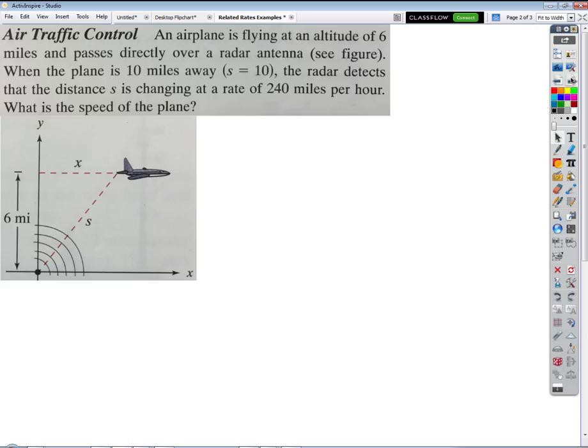Okay, they drew us a picture, but let's talk for a second about why this is the right picture. An airplane is flying at an altitude of 6 miles, so that means the height is constant. So it's flying horizontally.